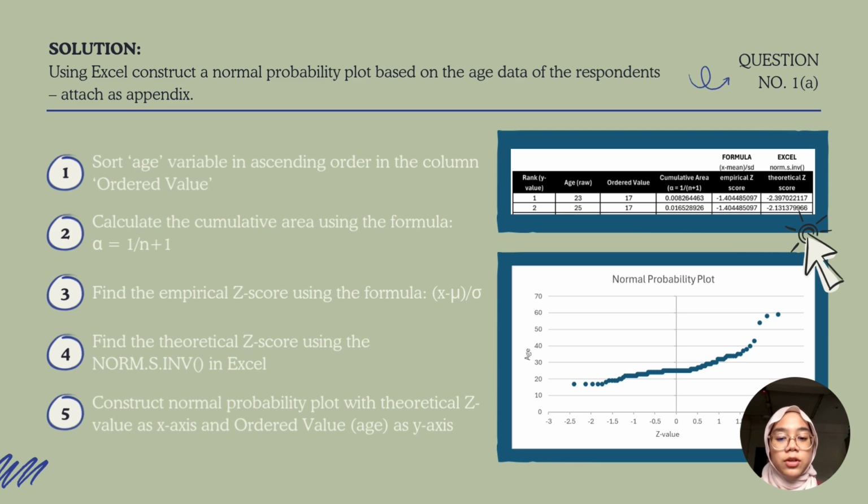Last but not least, I construct a normal probability plot with theoretical z value as the x-axis and ordered value as the y-axis. In this slide, we can see two figures. The first one is the table with 6 columns that I constructed in Excel, which covers all the steps that I mentioned just now. And the second one is the constructed normal probability plot.